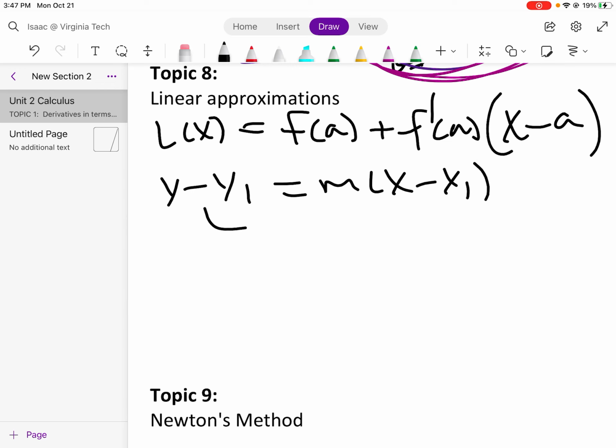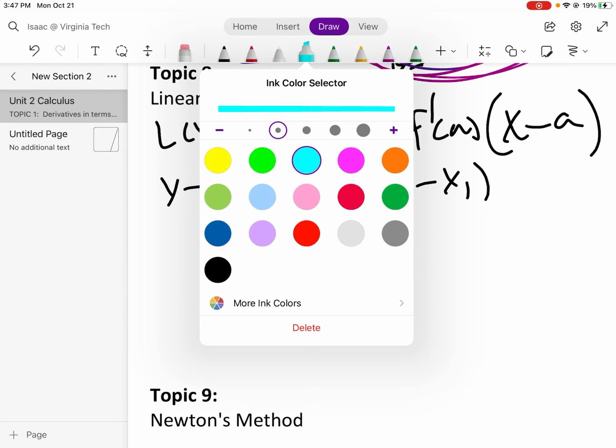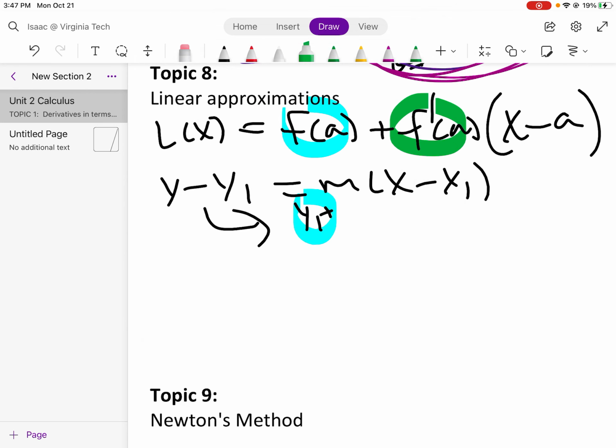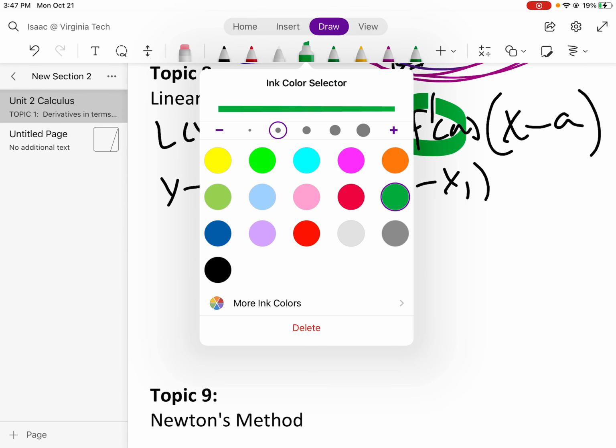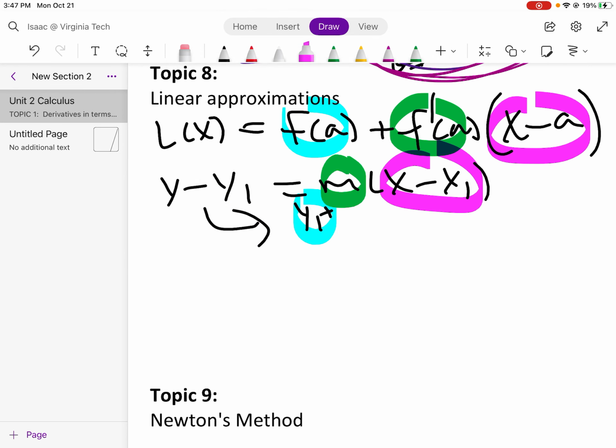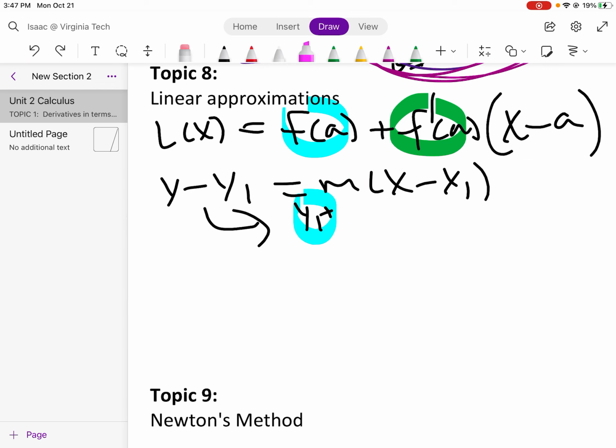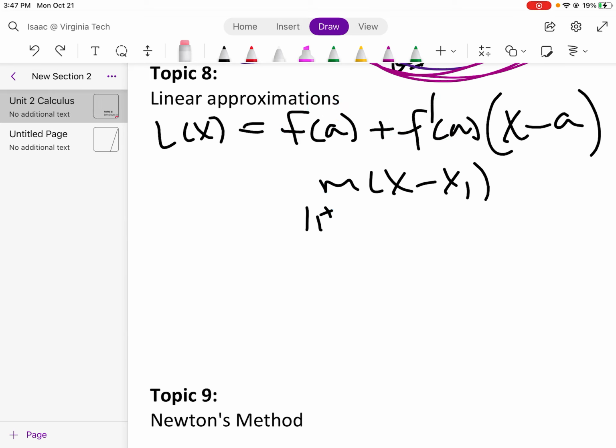For this purpose, we just take the y1 and put it on the other side, so it's y1 plus. Essentially these two things are the same, these two are the same, and that's the same. So it's almost like a point-slope formula in terms of derivatives. That's a good way to remember it. If you have trouble memorizing it, just think it should look similar to the point-slope formula.